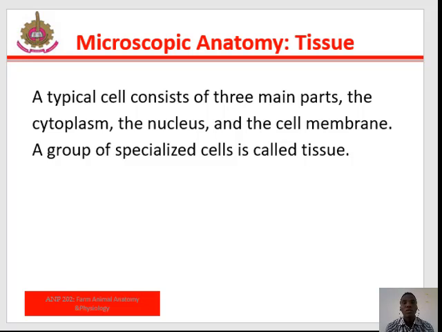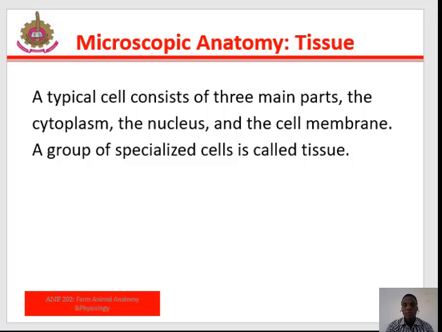Various tissues are associated with functional groups called organs, and the stomach is an organ that functions in digestion of food. A group of organs that participate in a common enterprise make up a system. The stomach, the pancreas, the liver, the intestines are all part of the digestive system.